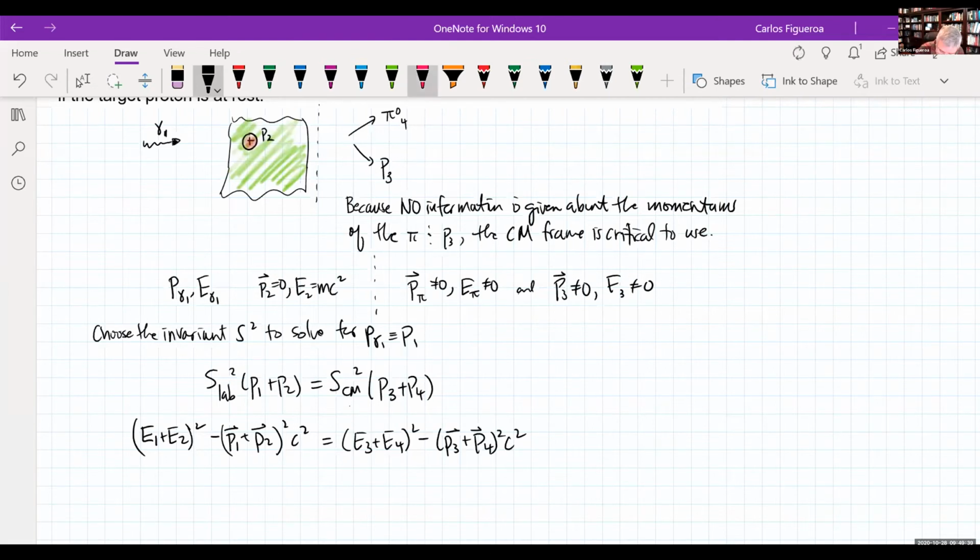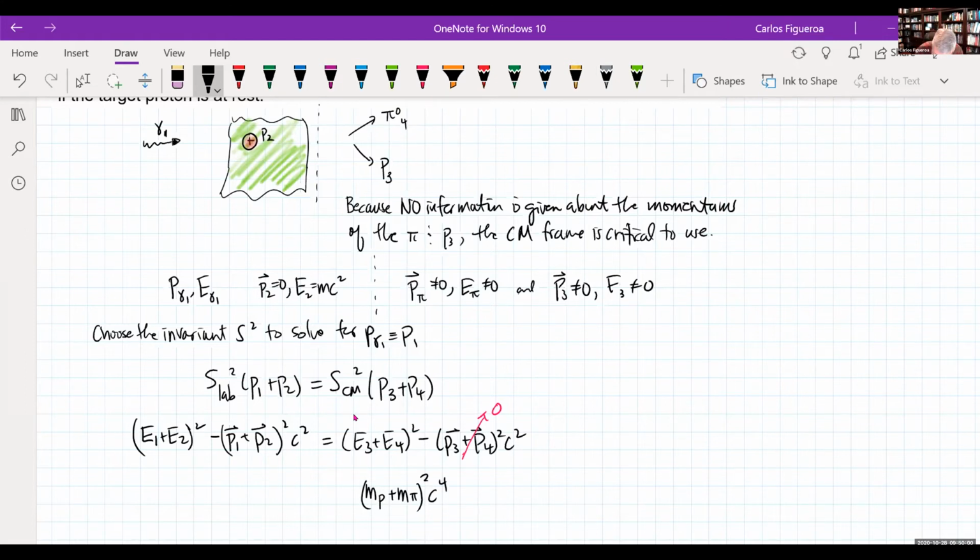But in the center of mass frame, as we already talked about, the momentum is 0, and these guys are the rest mass. So it has to be the mass of the proton plus the mass of the pion, squared, c to the 4th.